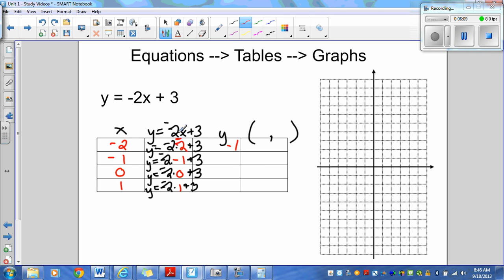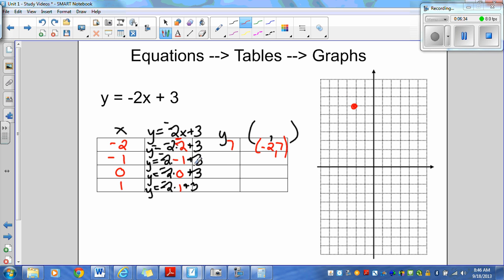I've got to try that again. Negative 2 times negative 2 plus 3. Negative 2 times negative 2 is 4, plus 3 is 7. And all the other ones you can see the negative, so that won't happen again. Negative 2, 7.